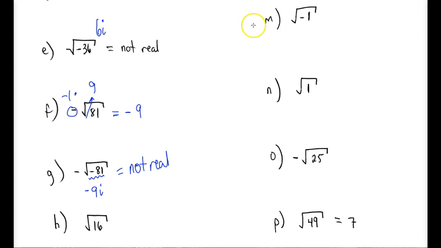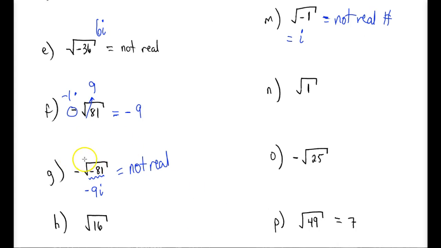And the reason why I'm saying i is because of what we see here. The definition of i is the square root of -1. So even though this is not a real number, what this actually means in definition when we talk about complex numbers is i.